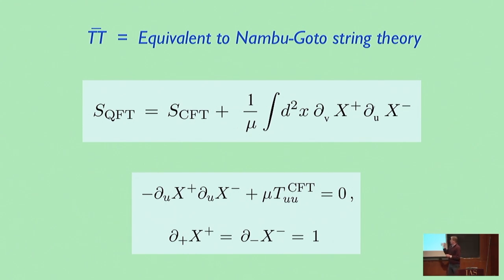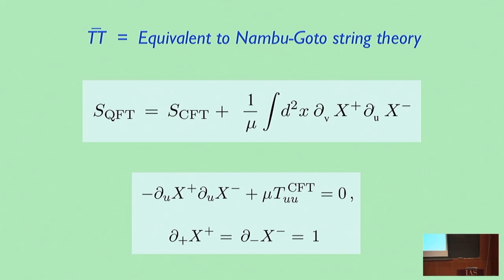What you do is you take your c equals 24 theory, you couple it to light cone coordinates. So this doesn't need to be 24 bosons. It can be any c equals 24 theory. It doesn't need to be chiral. It's some complicated theory potentially. But the deformation is described by coupling it to the two bosons, and you just impose Virasoro conditions. And since you have conformal invariance, you can use, again, this temporal gauge. In the temporal gauge, this Virasoro condition simplifies.